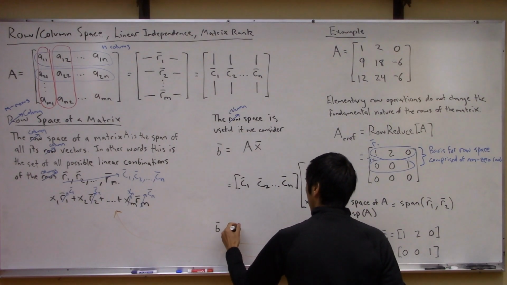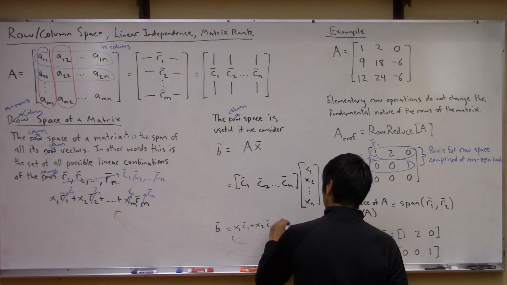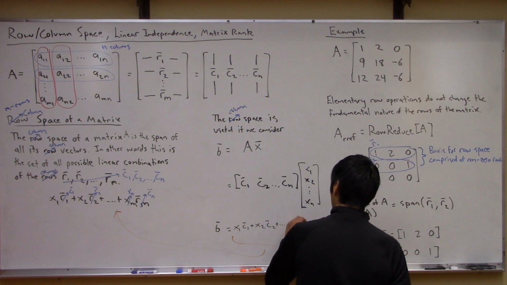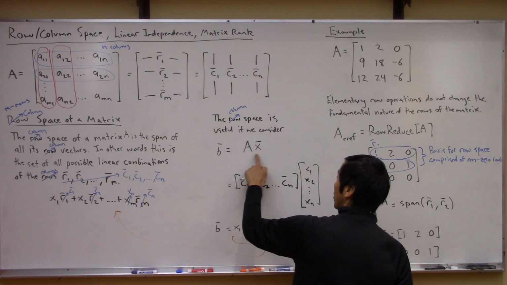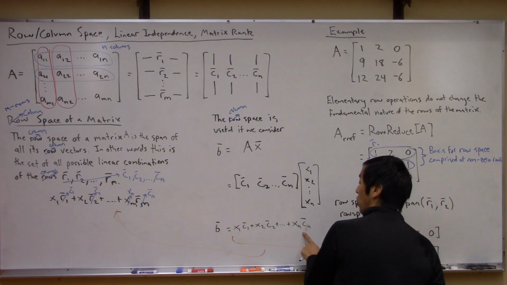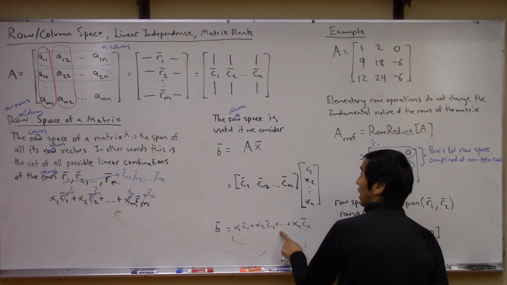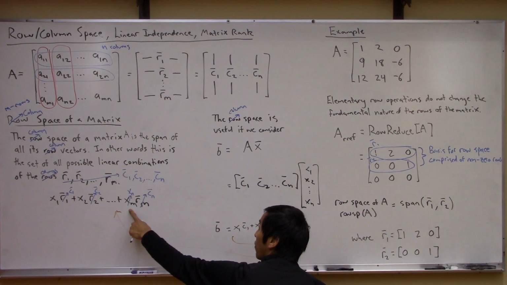It's just x1 times c1 plus x2 times c2 plus, and so on, plus xn times cn. So we see that this equation, Ax equals b, is really nothing more than saying b is a linear combination of the columns of the matrix A, which again is the definition of the column space of the matrix.